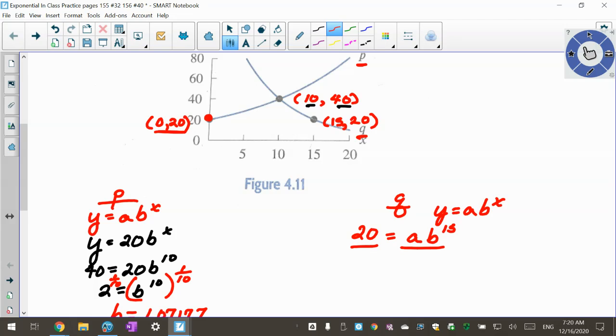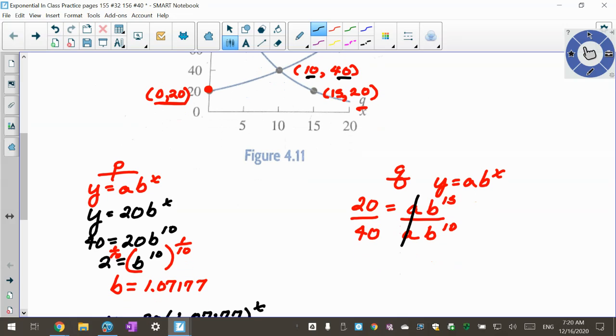Divide, and then I'm going to put in the point (10, 40). So in the y spot, I put 40, and the x spot, I put 10. Now, over here, we found the a first. This one, we're going to actually find the b first. So 20 divided by 40 is an easy one. It's 1/2 equals, at same base, I subtract my exponents, b to the 5th.